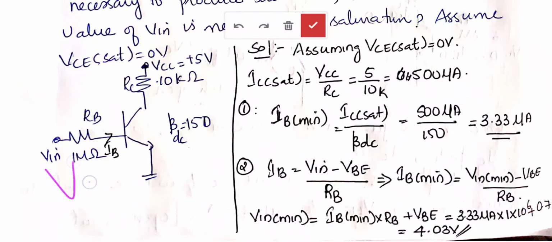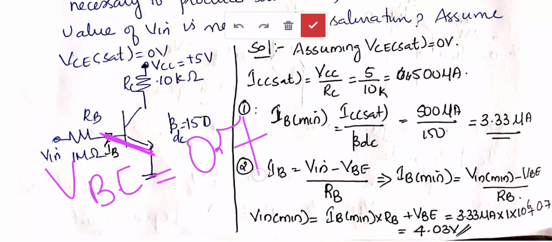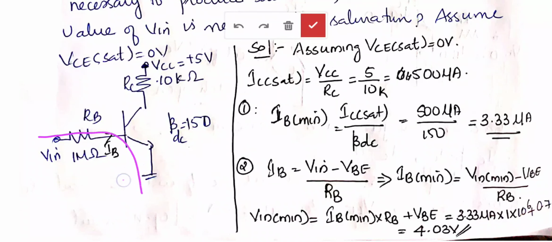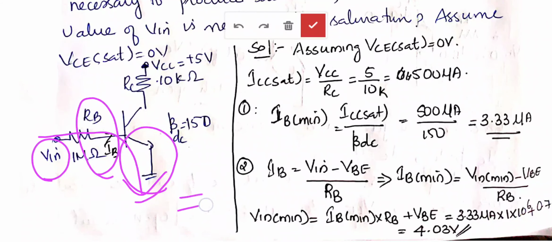So the voltage available between this base and emitter, VBE, is equal to 0.7 volt. So how will we write the equation for IB here? In this particular loop, if you are applying KVL, it is Vin minus IB into RB minus VBE is equal to 0.